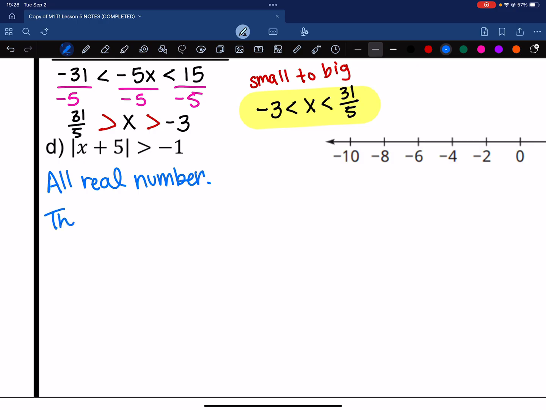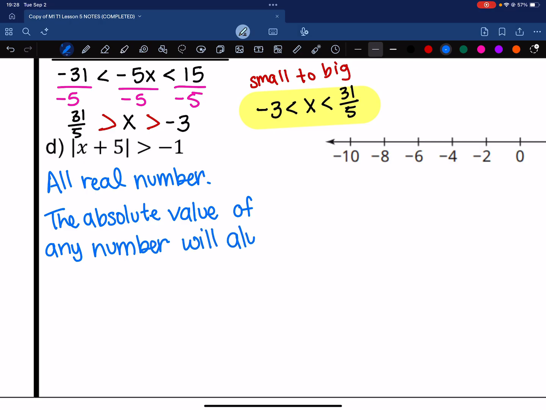Okay? The absolute value of any number will always be greater than negative 1.